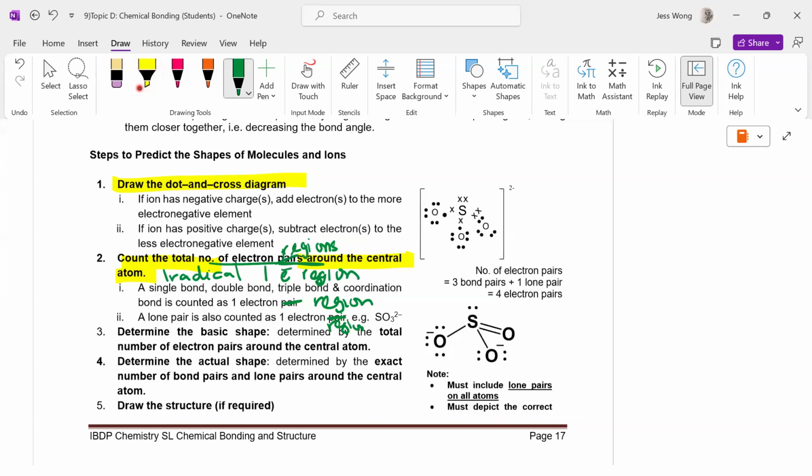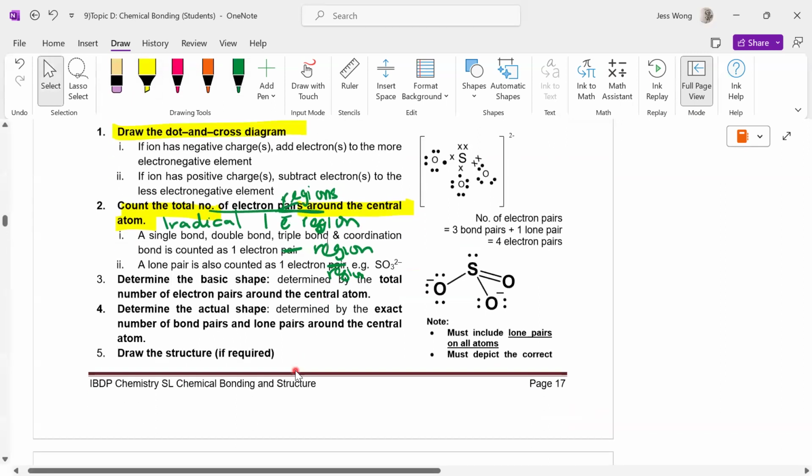So after we know how many electron regions there are, we will first determine the electron geometry. That is the so-called basic shape. We don't call it the basic shape; we will use it to determine the electron geometry. Maybe you want to change it to electron geometry.